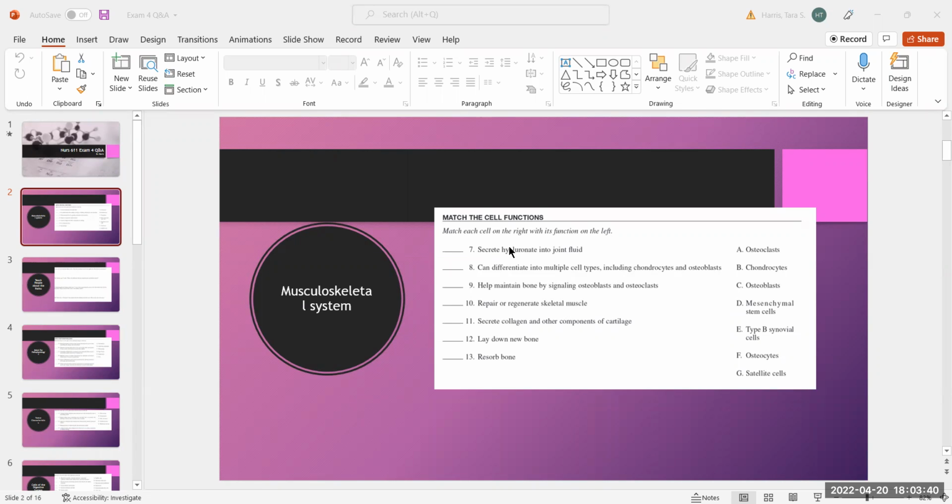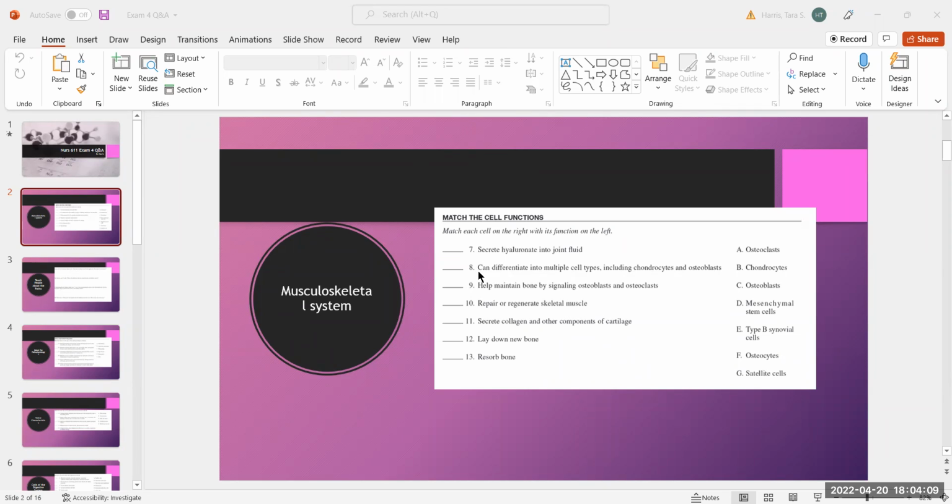Okay, so when we're looking at the cells, can you tell me a little bit about osteoclasts? What do you know about that? Kind of going back to the basics. I don't want you to think too hard, you're driving.